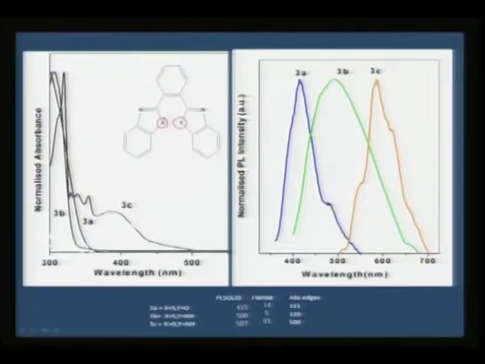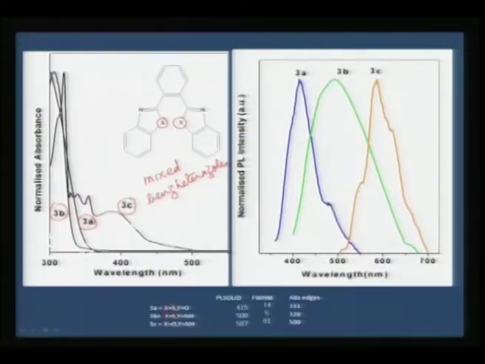Now if you go to 3 series, where you are going to actually play around with your X, in other words this is a mixed Benz heterosols, you would see the same feature coming for the 3C molecule, where 3C involves an oxazole and an imidazole ring. You can see that the band edge is extending up to 500 nanometer, whereas 3A and 3B molecules are predominantly those which have thiazole and which show a strong blue shifted emission.